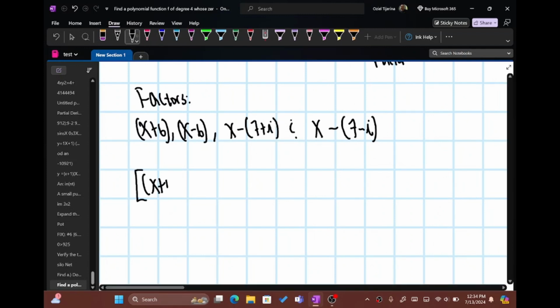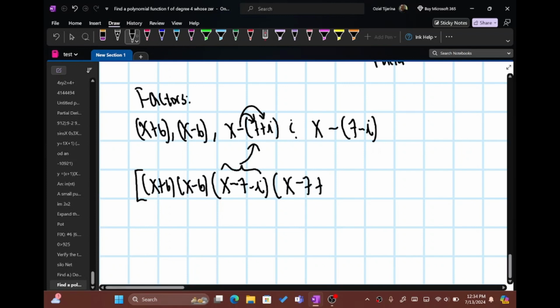So we know it's going to go the following way. The quantity x plus 6 times x minus 6 times the quantity x minus 7 minus i, okay, for this one. And then times x minus 7 plus i.